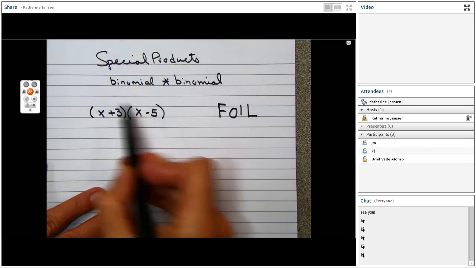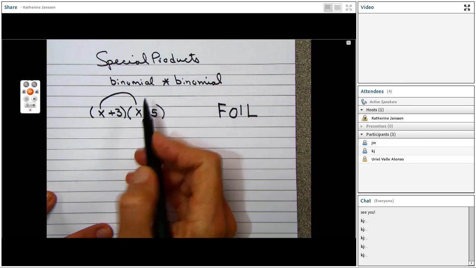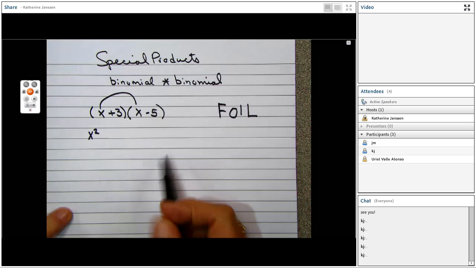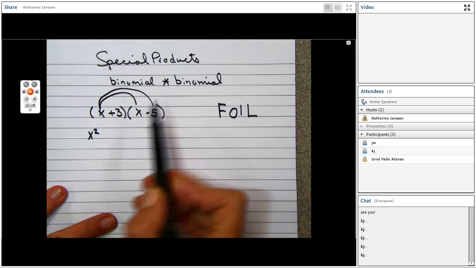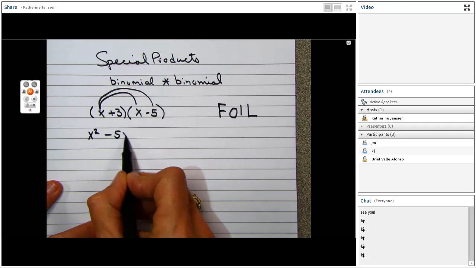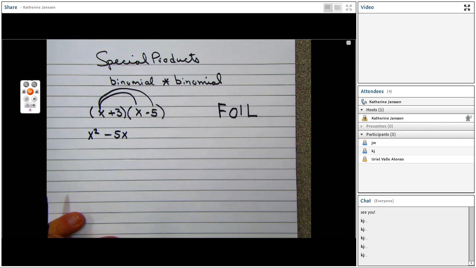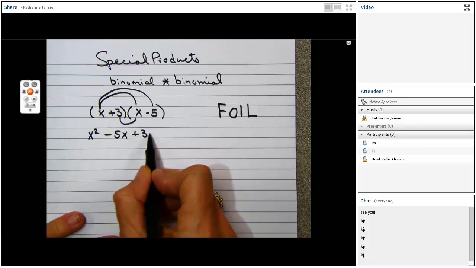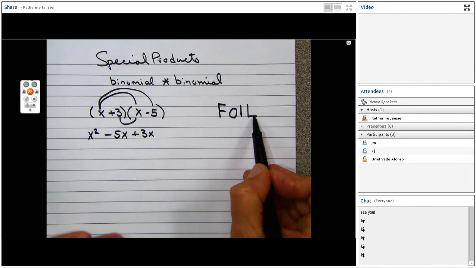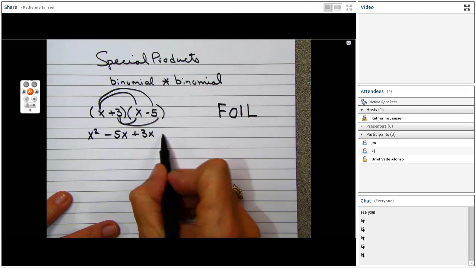We're going to multiply the first terms, get x squared. We're going to multiply the outer terms. It's going to be a negative 5x. We're going to multiply the inner terms, be plus 3x. And finally, we're going to multiply the last terms.